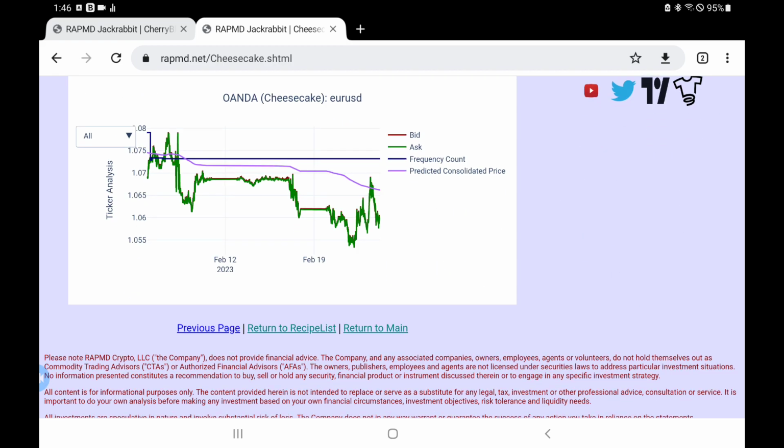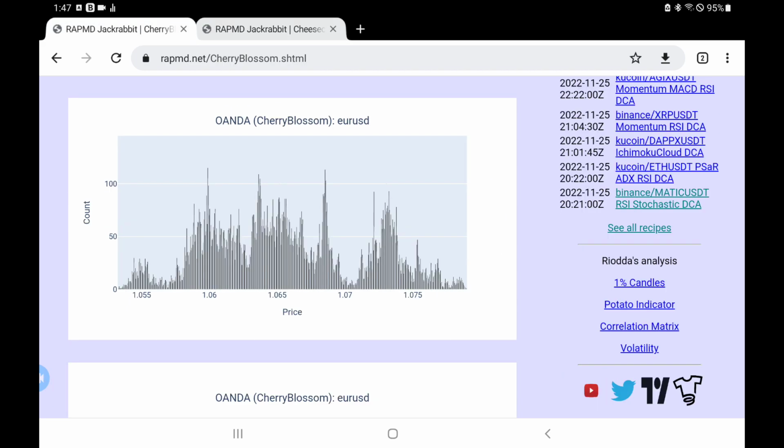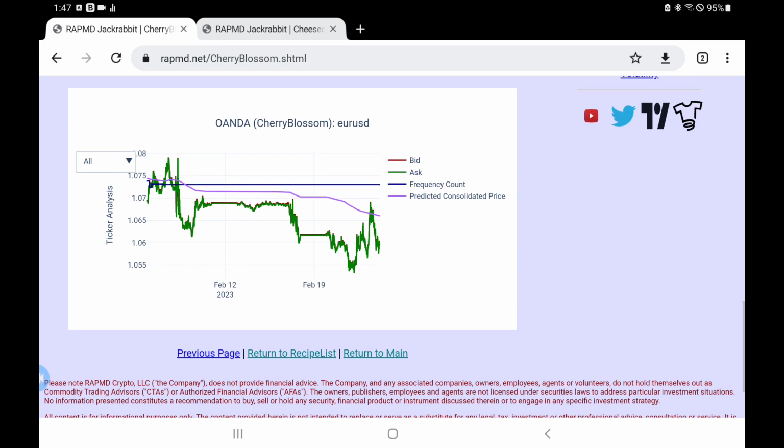So now let's move to the last chart. This is really where we can begin to predict where price is going, and we can see how that price correlates to the actual bid-ask pricing that exists on the market.